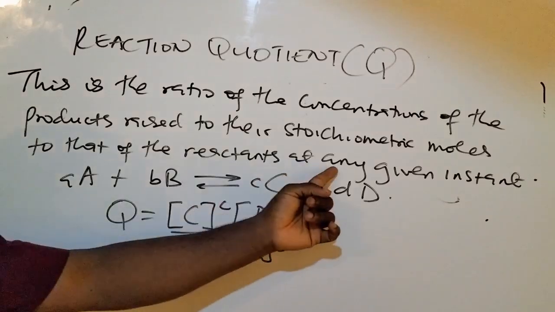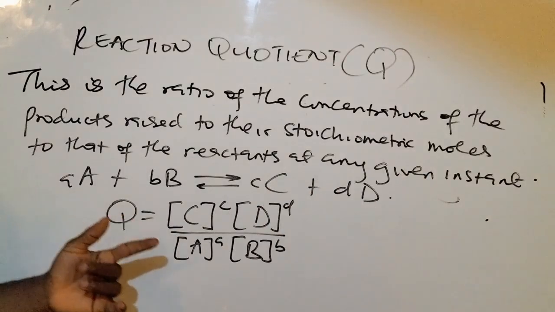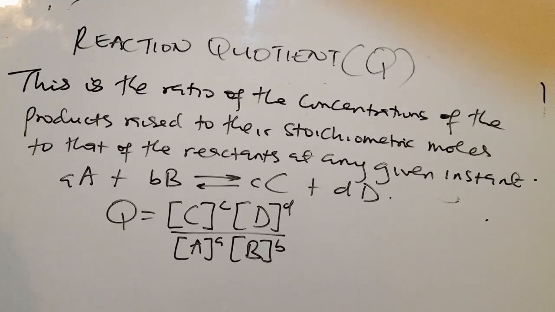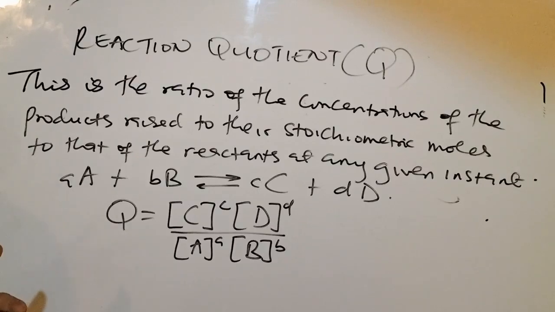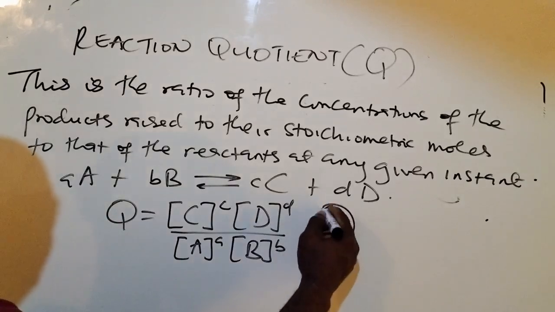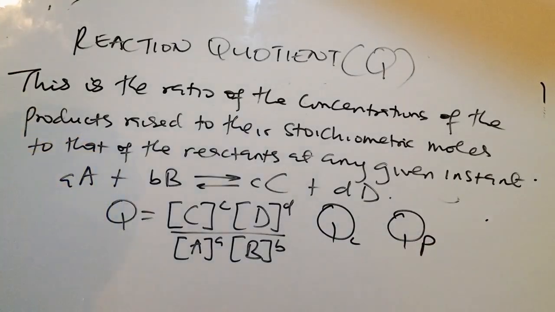That's why we have to say at any given time. So we write the ratio of the concentration of the products raised to the number of moles over that of the reactants, and what we are writing is the reaction quotient if the reaction has not reached equilibrium. But once it has reached equilibrium, then Q turns to K. Just like we have Kp and Kc, we still have Qc and Qp: reaction quotient with respect to concentration and reaction quotient with respect to partial pressure.